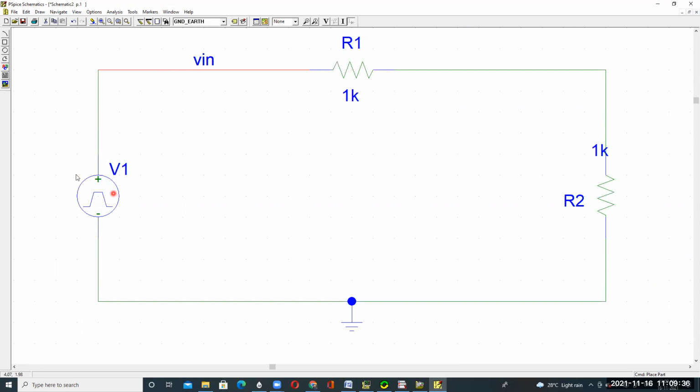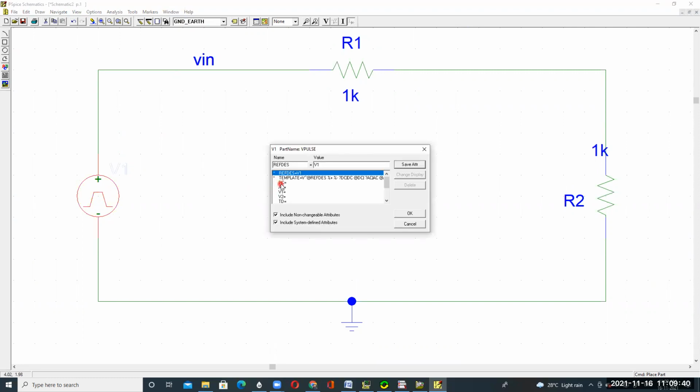How to generate this square waveform using this source: here DC is equal to 0 volts, and AC is also 0 volts.